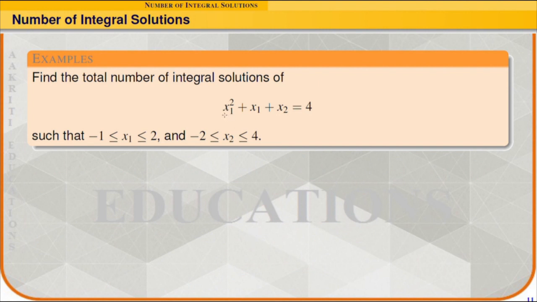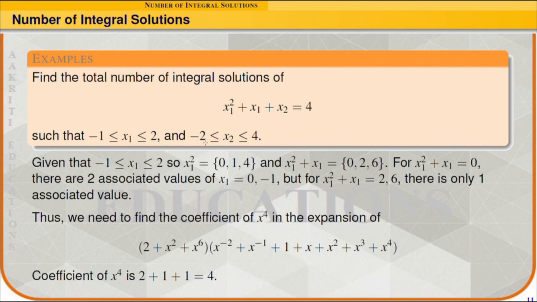Further, the given equation is x1 square plus x1 plus x2 is equal to 4. So there are two terms which have the variable x1. For the given constraint on the variable x1, x1 square can take 0, 1 and 4. So x1 square plus x1 can take values 0, 2 and 6. Now x1 square plus x1 takes value 0 for x1 equal to 0 and for x1 equal to minus 1.